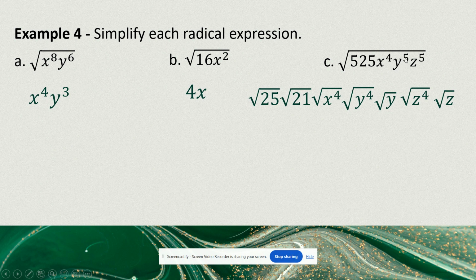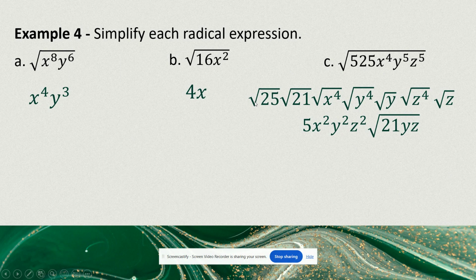Y to the 5th is an odd power, so I have to pull out 1 and then square root the even one. So that's where the square root of y to the 4th times the square root of y is coming from. Similar to the z to the 4th and z. Okay, it originally starts as an odd power, so I need to pull one out, and then I can evaluate the remaining even power.